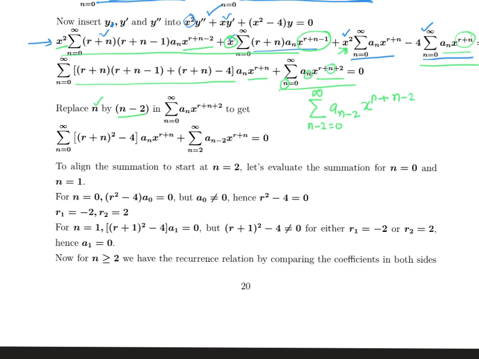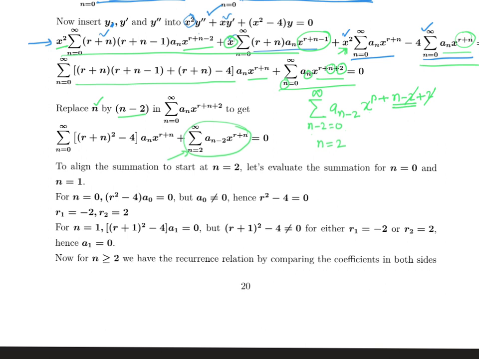So instead of this, I'm having this, then plus 2. That's going to make so these two are going to cancel out. That's going to make x to the power r plus n. So now n minus 2 starts from 0 is equivalent to saying that n starts from 2. And that's exactly what we've got here. N starts from 2 to infinity, a sub n minus 2 times x to the power r plus n, and that is going to be the shifted summation.